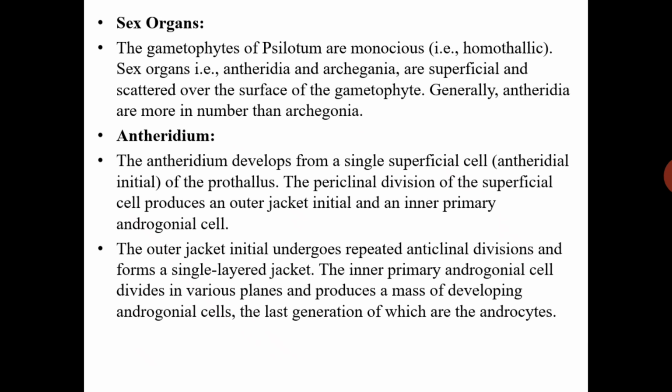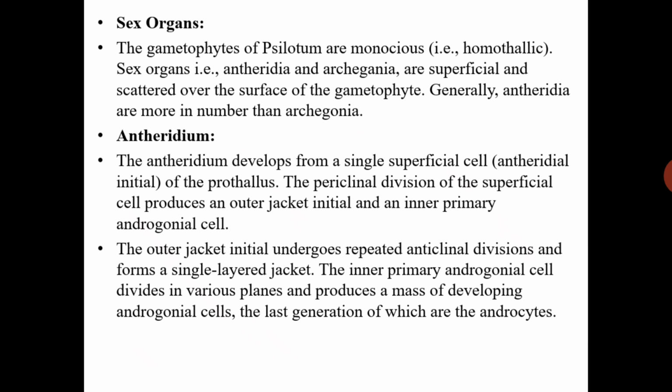So, structure of antheridia. The antheridium develops from a single superficial cell, that is an antheridial initial of the prothallus. So from the prothallus, a single superficial cell is developed. The periclinal division of the superficial cell produces an outer jacket initial and an inner primary androgonial cell.